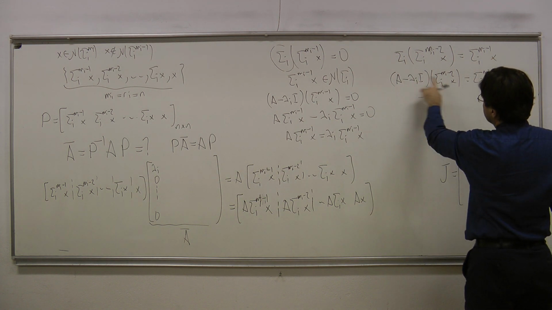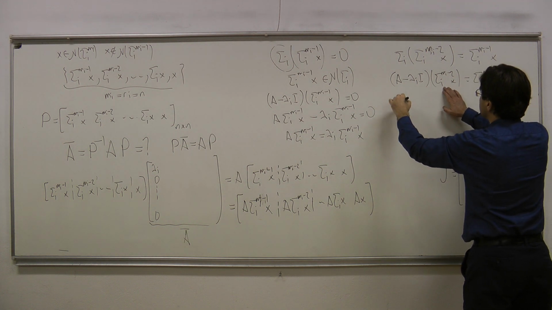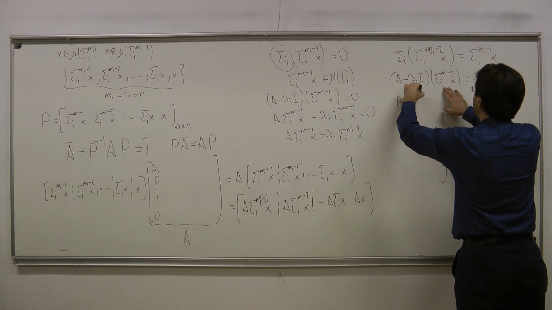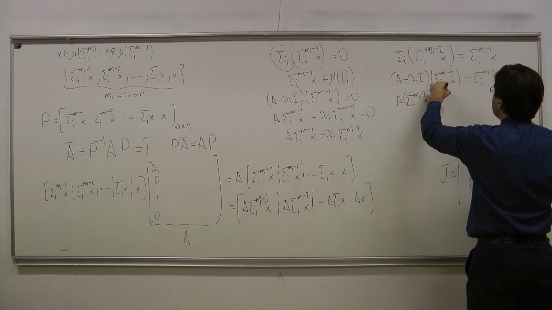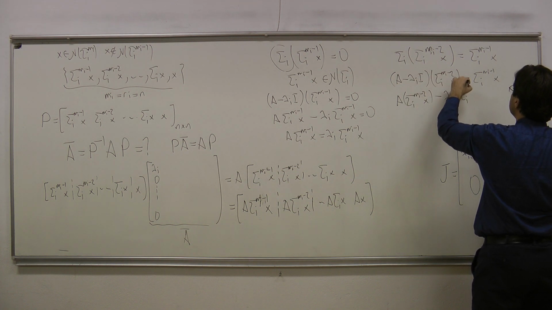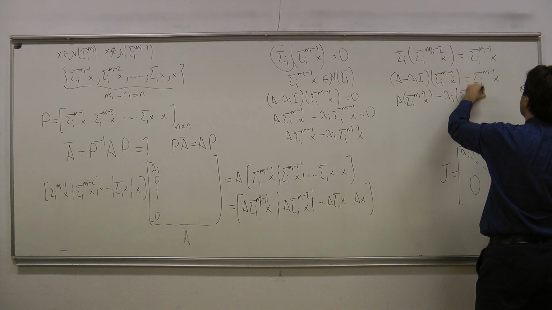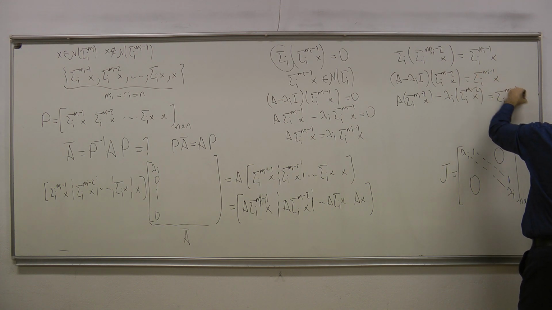Okay? Now let us distribute this multiplication. A times the second vector, sigma I mi minus 2x, minus lambda I times identity times this vector will be itself, mi minus 2x, which is going to be the first vector, lambda I mi minus 1x.